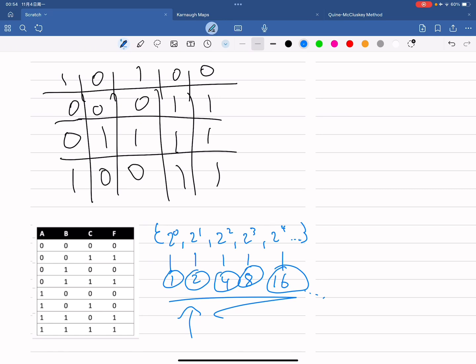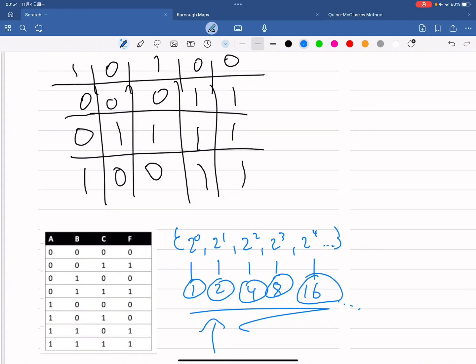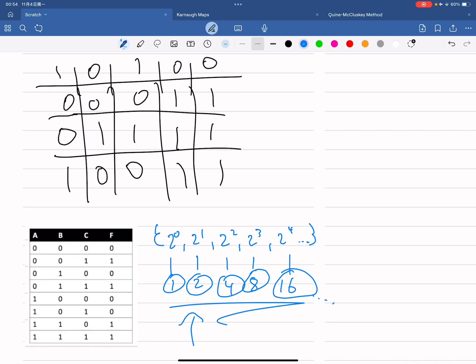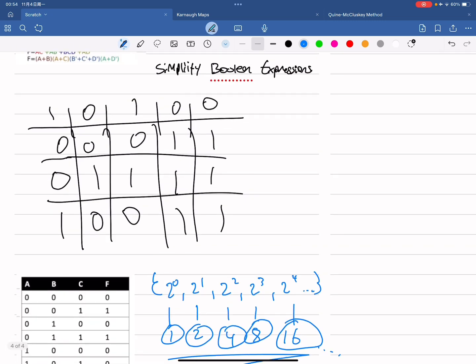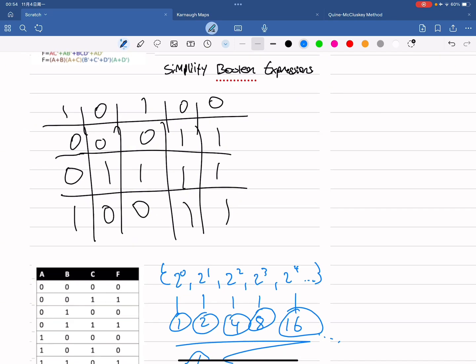So you have to find the largest groupings possible, but also the minimum number of largest groups to cover all of it. If we're covering all ones, that's DNF. If it's all zeros, that's CNF. If it's all ones, it's disjunctive normal form, and CNF is conjunctive normal form.